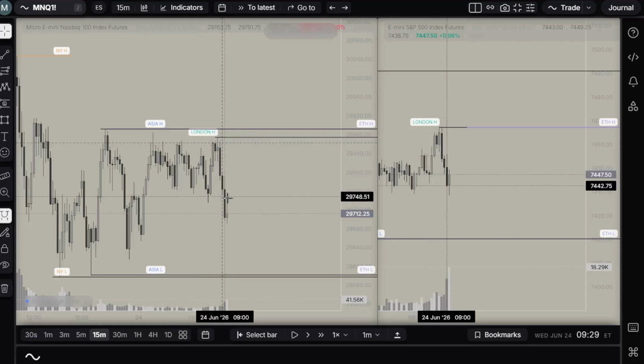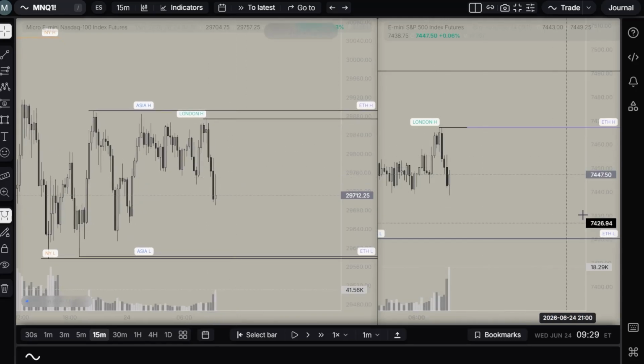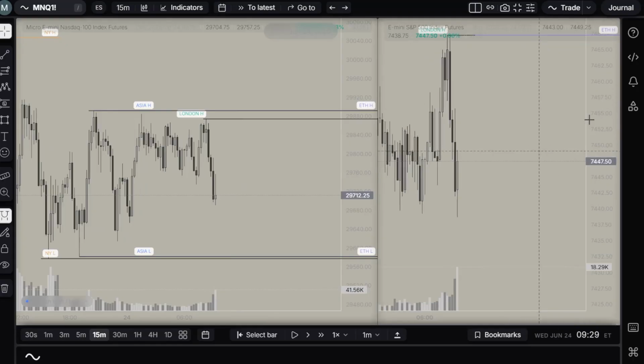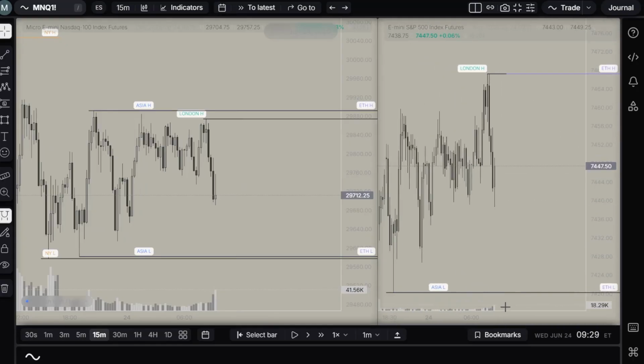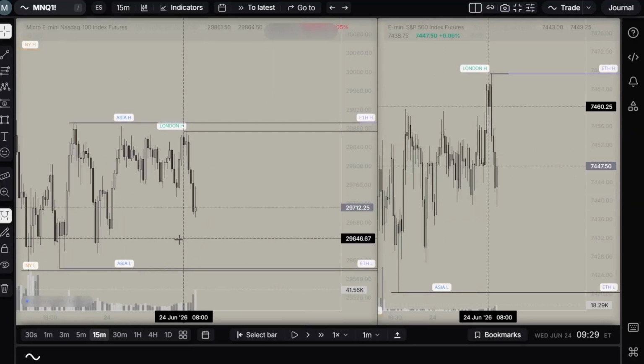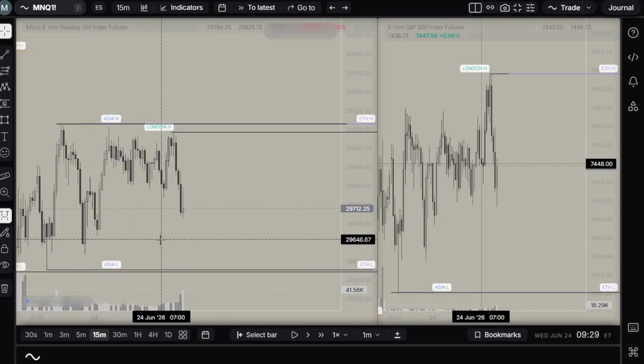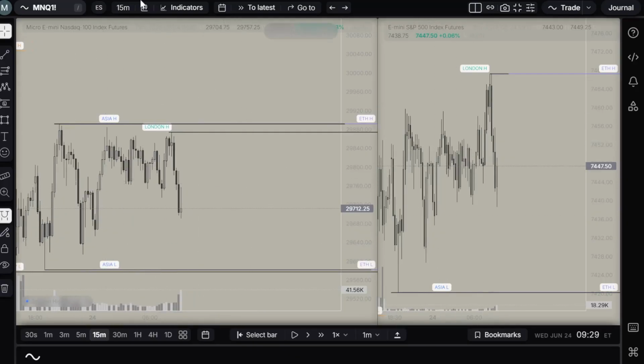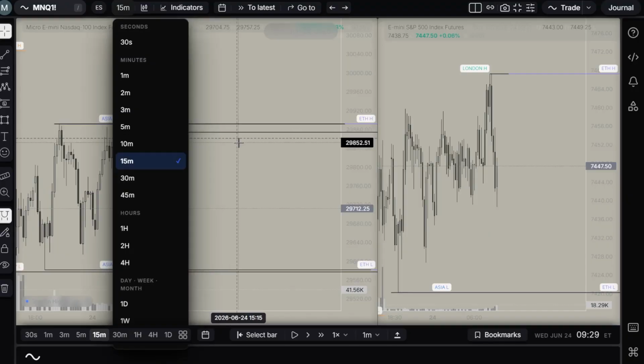And now we're coming back down and we're sweeping out this low. So now we have these lows as well as some low resistance we can play off of because these are technically liquidity now. And I'd just be very bearish to these.